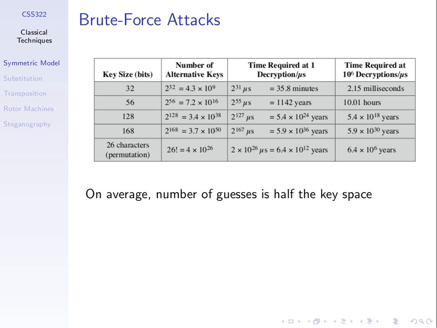168 bits, which is common for current encryption algorithms. For the substitution cipher, the key is a mapping of the 26 characters of the alphabet, so there are 26 factorial possible keys.